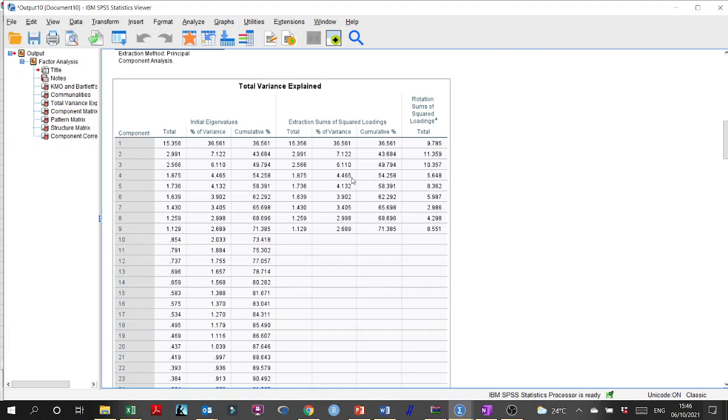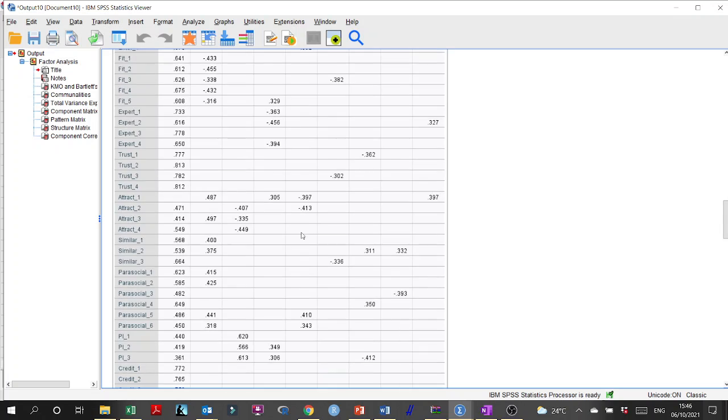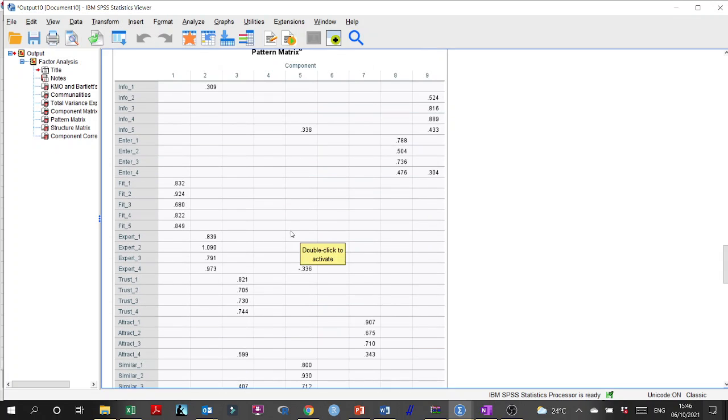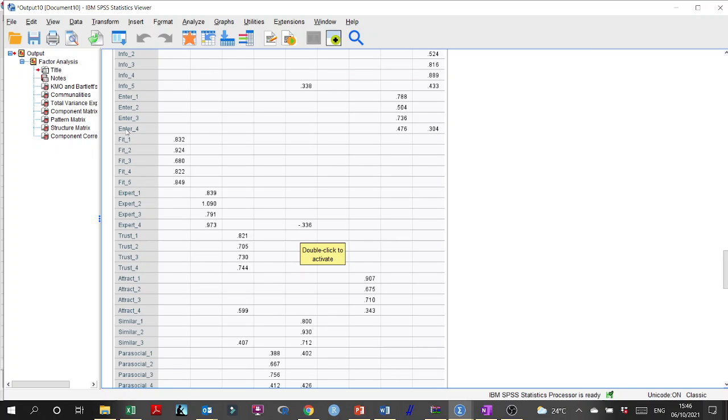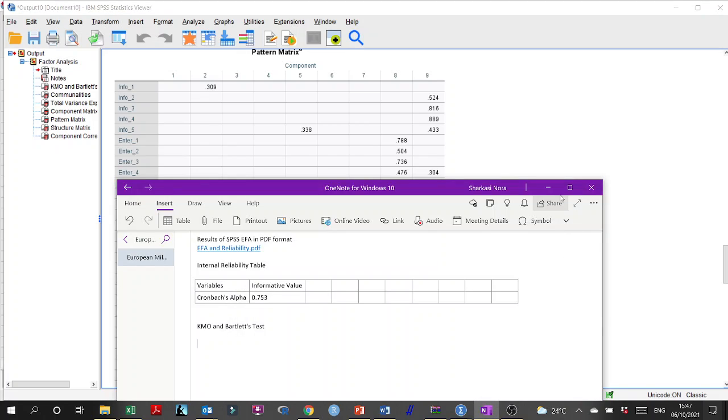So I would like you to just take a look with the credibility here. This is the pattern matrix, the same behavior for info 1 and info 5, same thing. And entertainment value here, I don't remember having entertainment value loading into info. Let's take a look here.